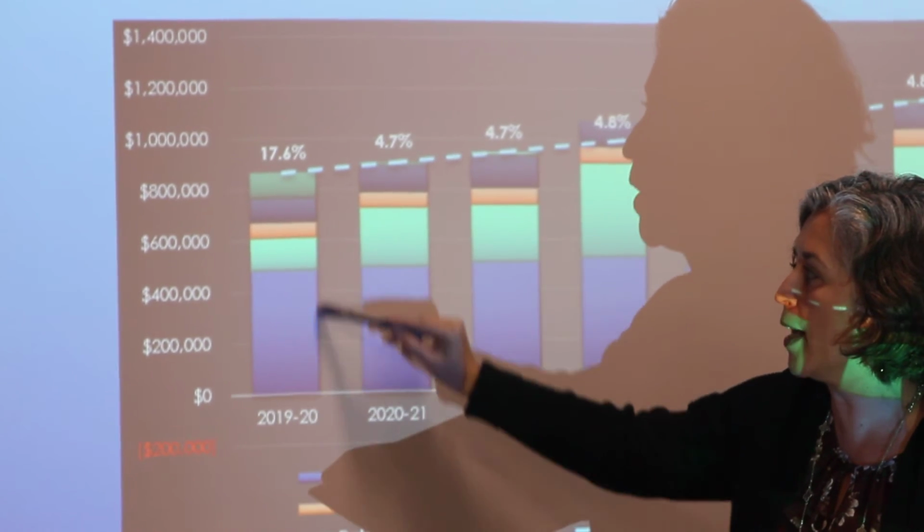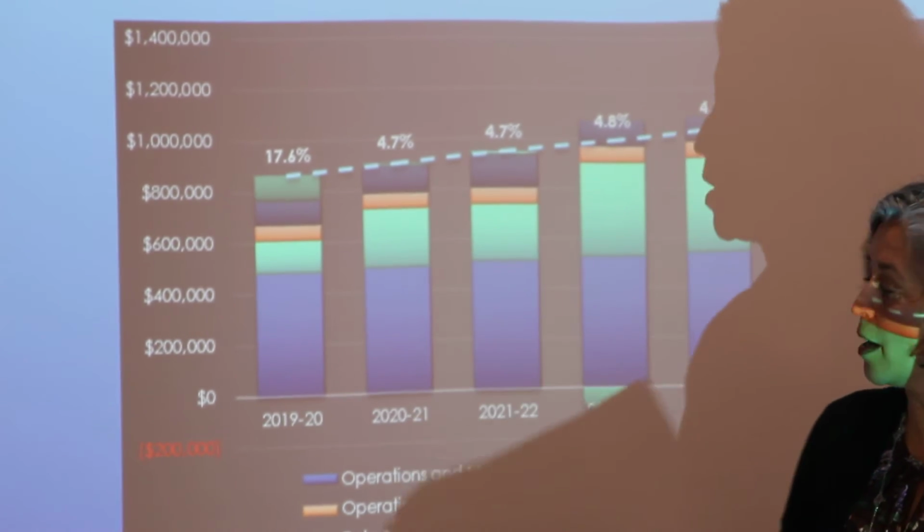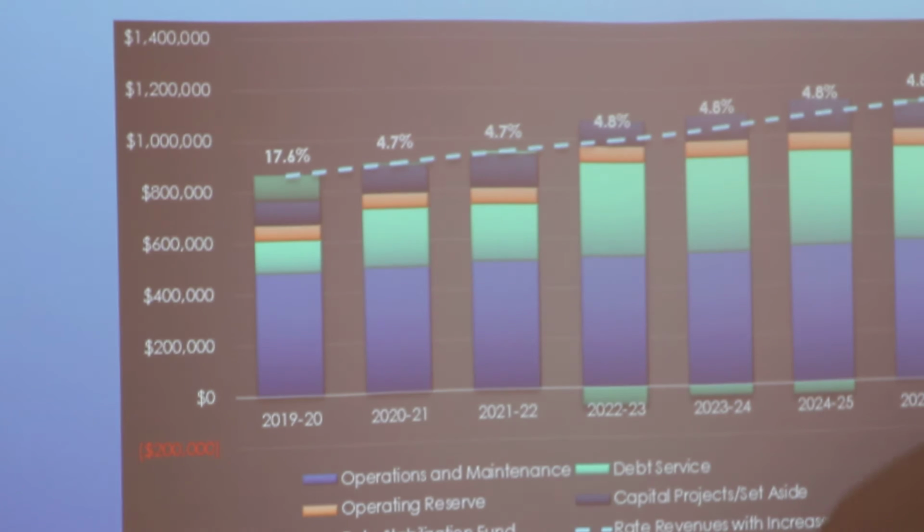But this blue bar right here is what you're already doing. It's about $500,000, your operation and maintenance, $514,000. That's your salaries, your materials and supplies, your power and utilities.